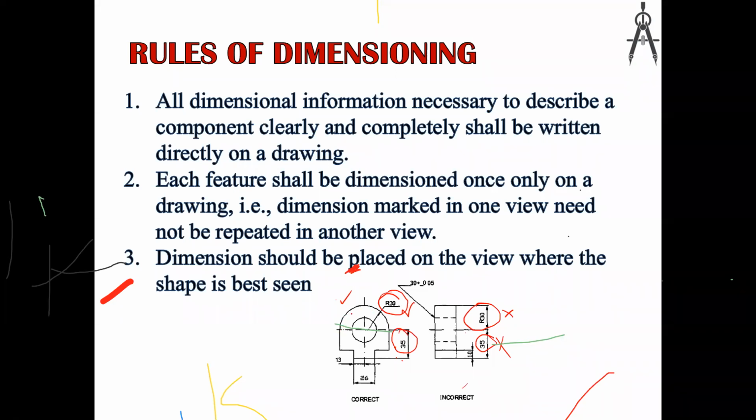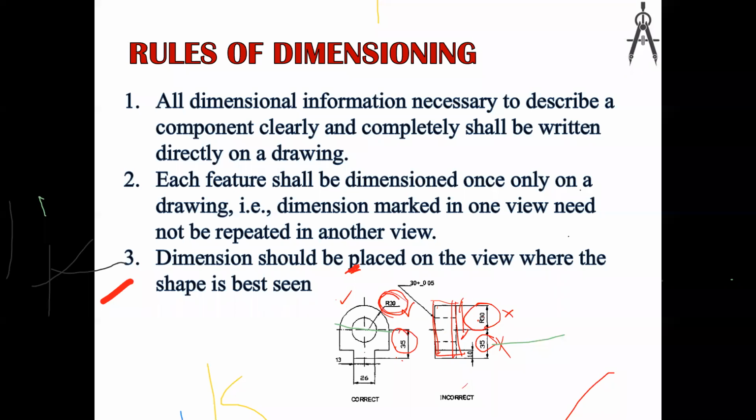When we have a curve, you can give the radius. That is very appropriate. Here your end view is a straight line, no? That is shown as a straight line. If you mark R30 here, people might get confused. So where the shape is best seen, there you have to give it. Yes, sir.